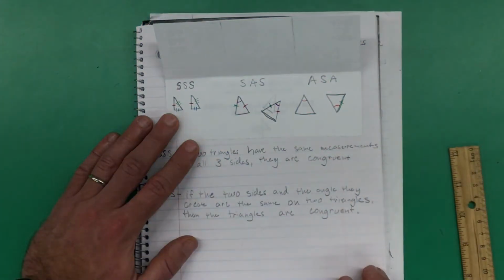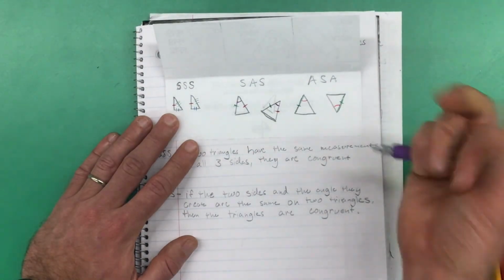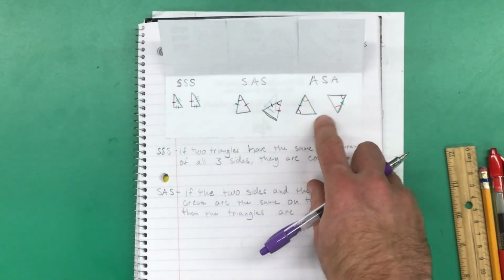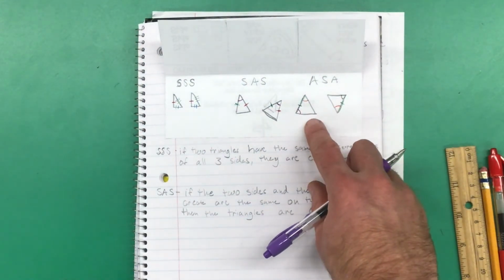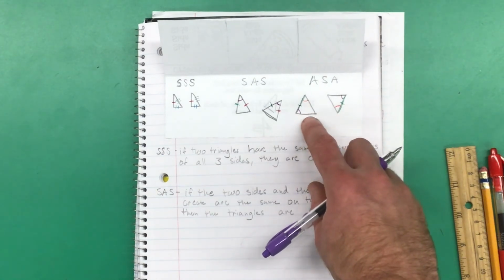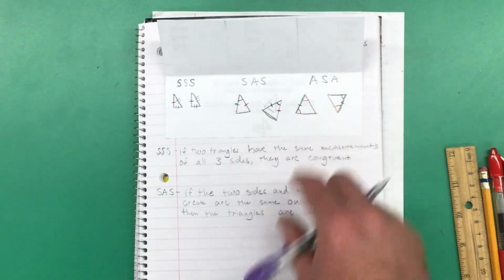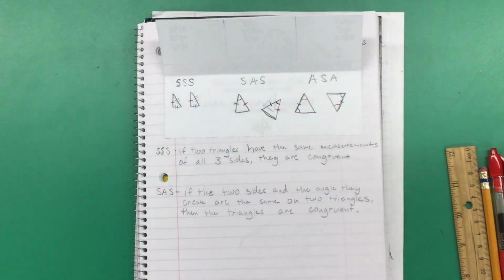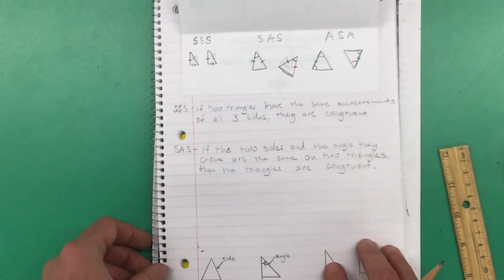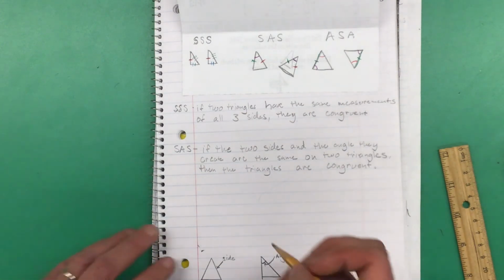And then this side, so I'm going to make it green, if this side that connects it over there in green to this purple angle here, now if those are the same on two triangles, so the purple and the red angles are the same measurements on two triangles, and then the side that's in between them is the same measurement on those two triangles, then those triangles are congruent. They are the same. Let's write that definition. Angle, side, angle, ASA.